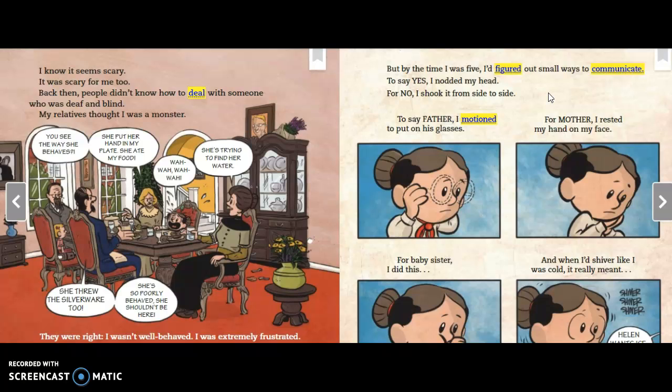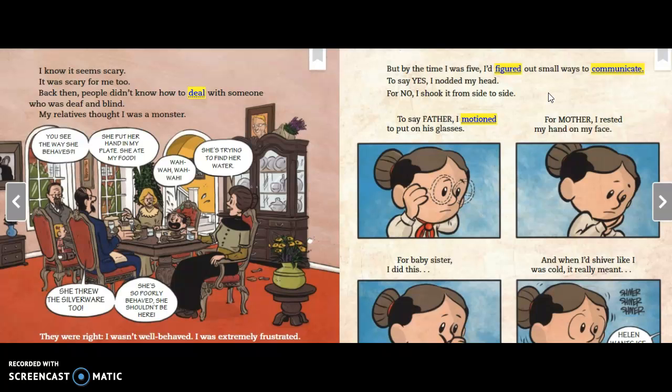In my dark world, I couldn't tell if anyone noticed me or cared about me. I couldn't see or hear what I was doing. But by the time I was 5, I'd figured out small ways to communicate. To say yes, I nodded my head. For no, I shook it from side to side.